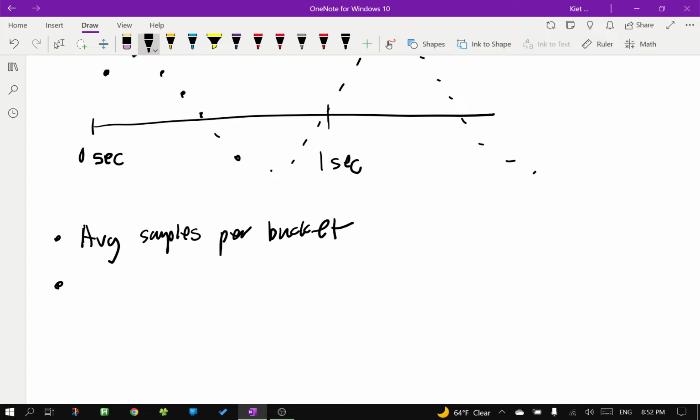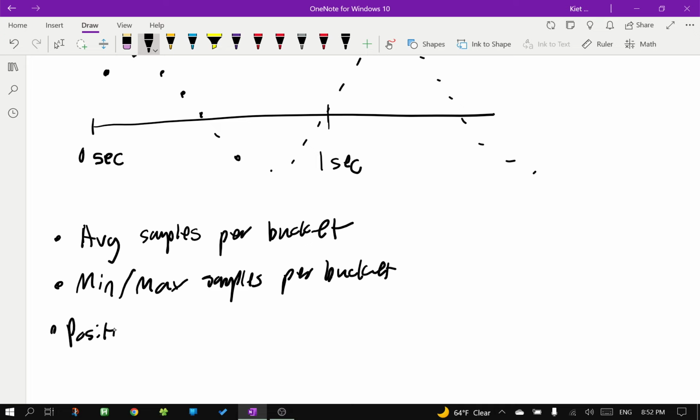You can get the minimum and maximum samples for each bucket. You can also do like a positive average, negative average, per bucket.